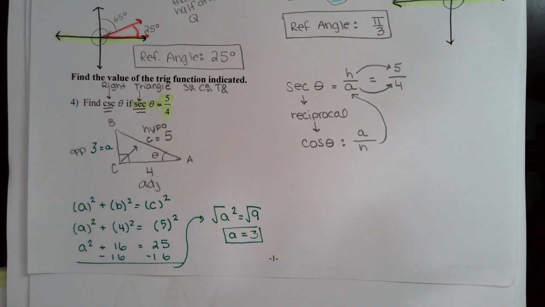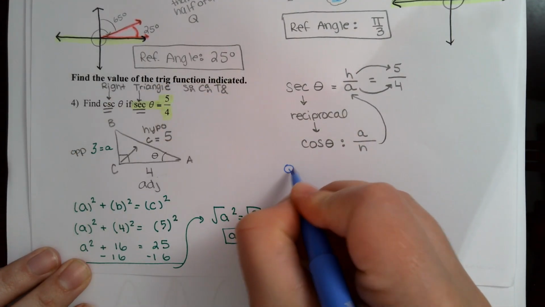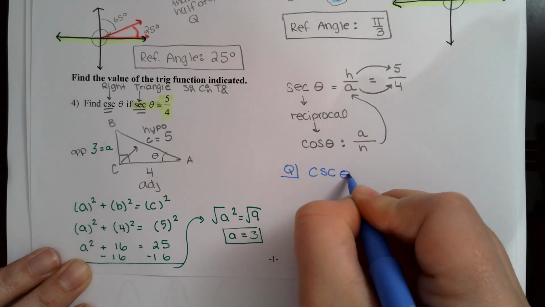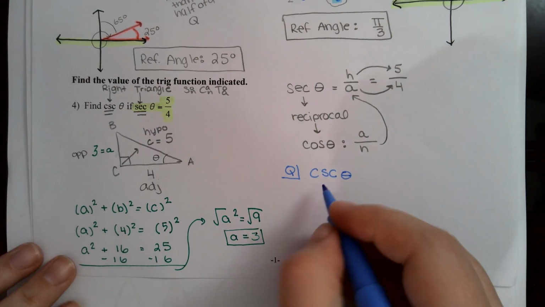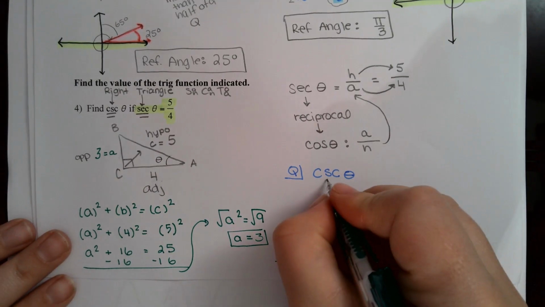Now that we have our triangle, we're going to take a look at what it's asking us. It's asking us the question for cosecant of theta. Cosecant is the reciprocal of sine.